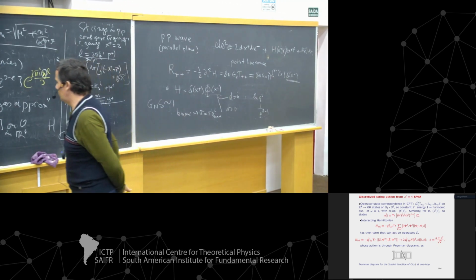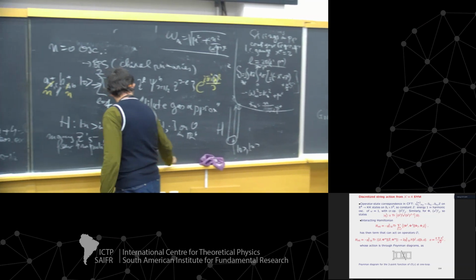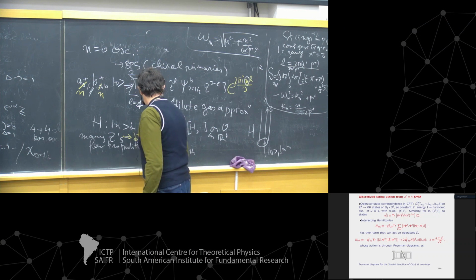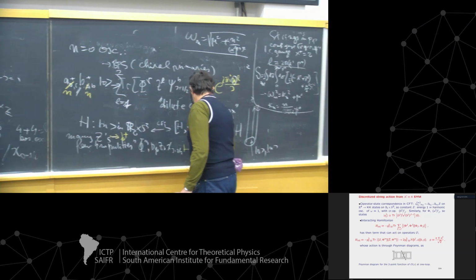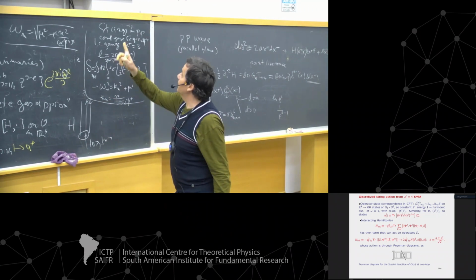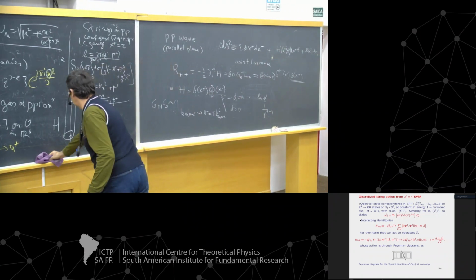I would call the creation operator that corresponds to the Z, B dagger. And for these guys, I call it generically A dagger. So the state is something like what I wrote over there.